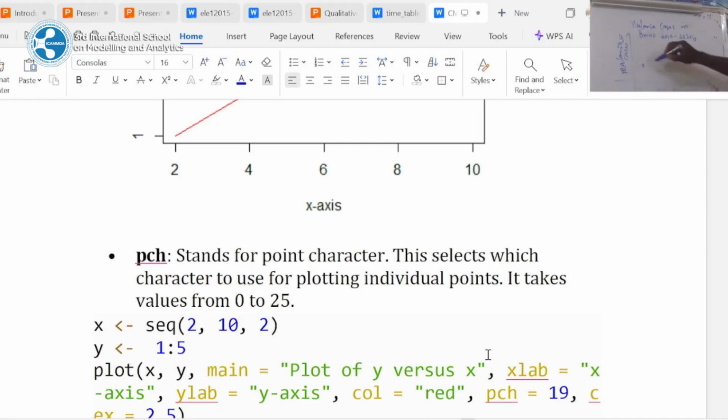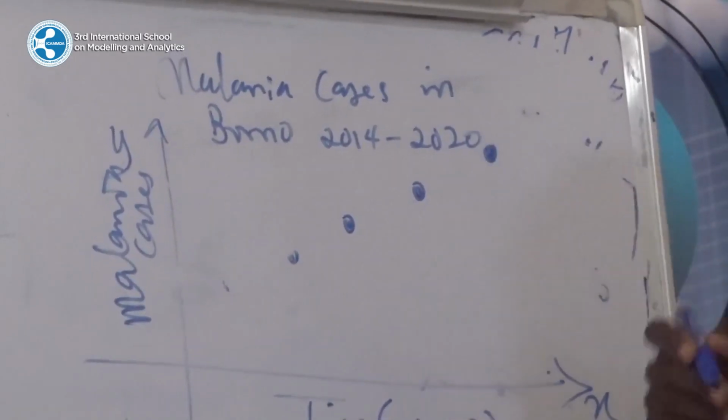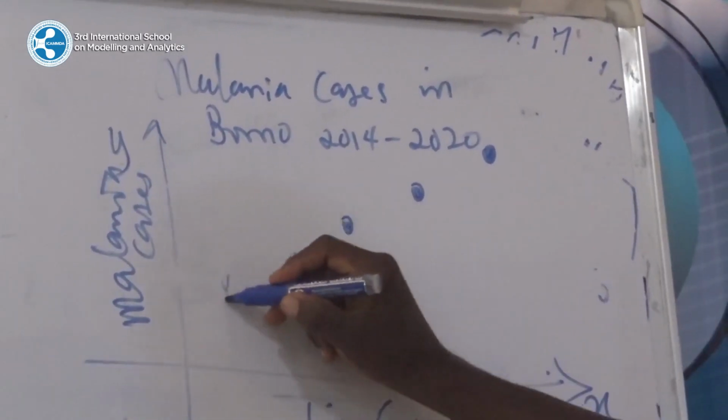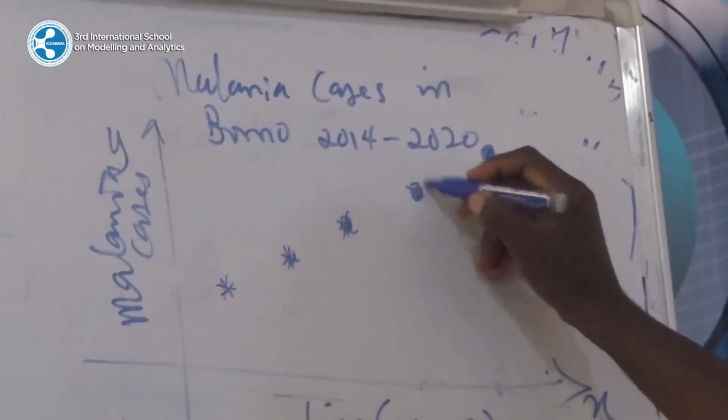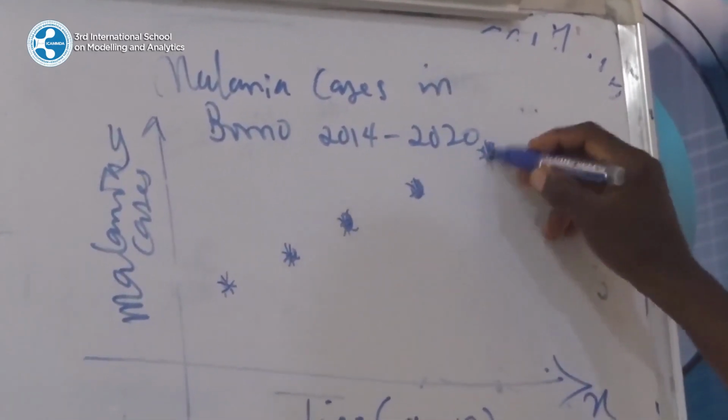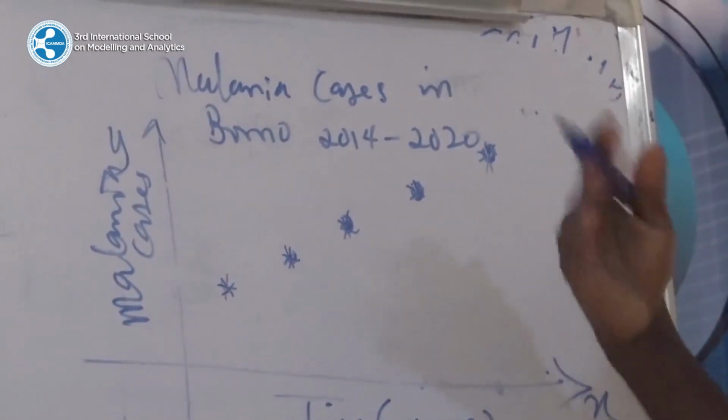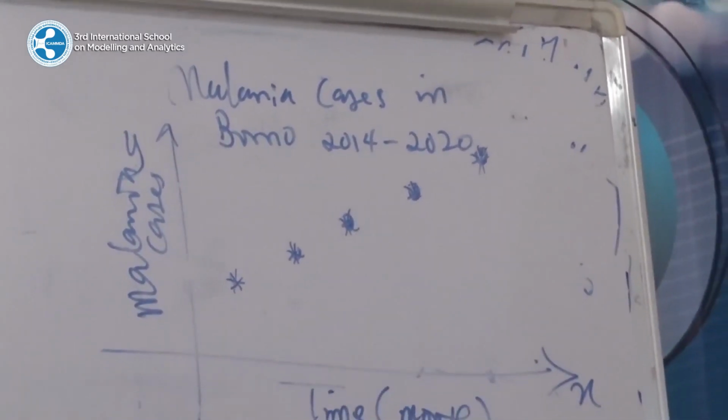You want it to be dotted, something like dot like this, dot like this. Sometimes you may want yours to be star. Are you getting it now? You may want it to be star, and different characters like that. That's how we call it point characters.